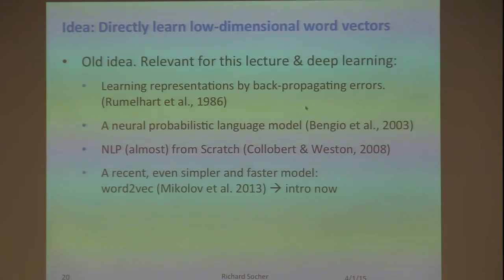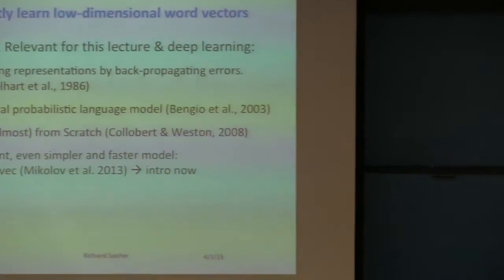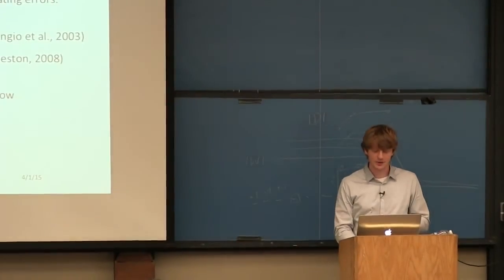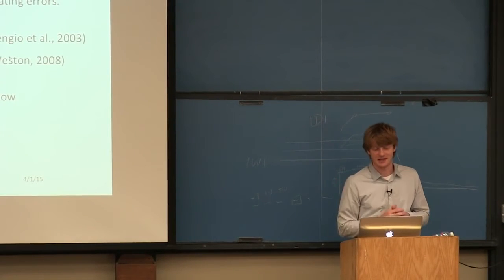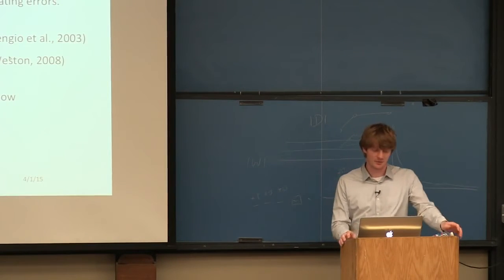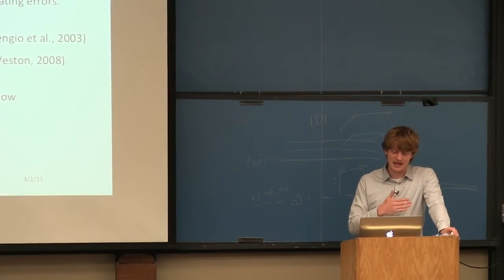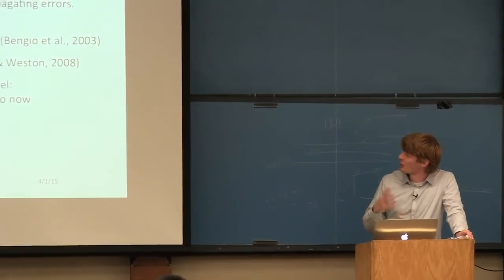I would personally attribute Yoshua Bengio and his 2003 paper to really making this idea work in a large-scale setting. Language models basically just try to predict the next word, and this is also something we'll go through in the class. And then Collobert and Weston had a paper that was very influential for me personally for my PhD, called Natural Language Processing Almost from Scratch.